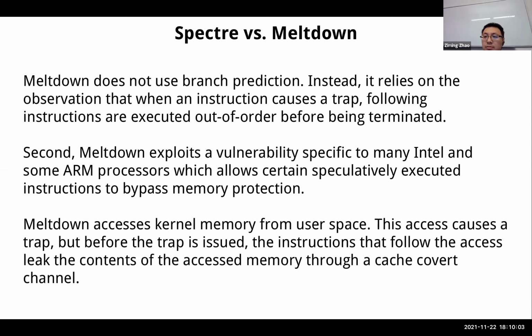Okay. So if we compare Spectre and Meltdown, we would say Meltdown doesn't really use branch prediction. It only relies on out of order execution.